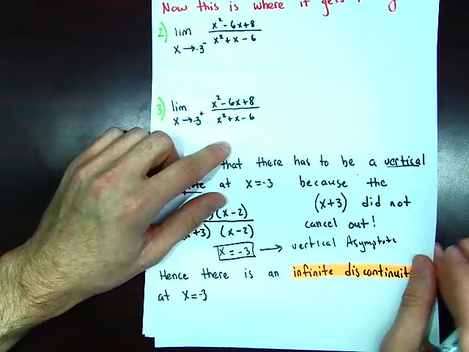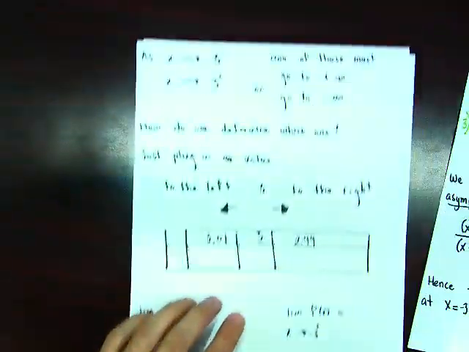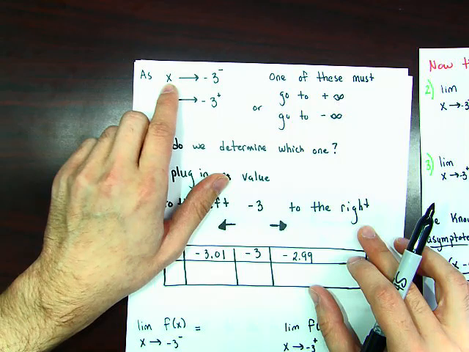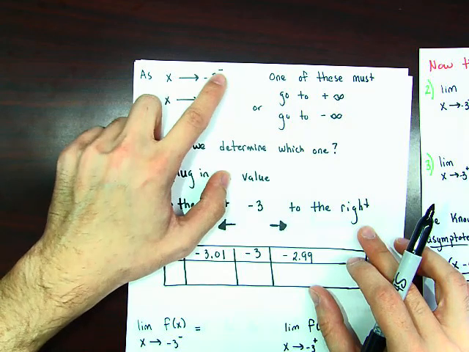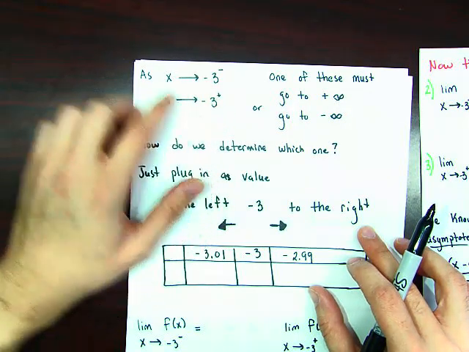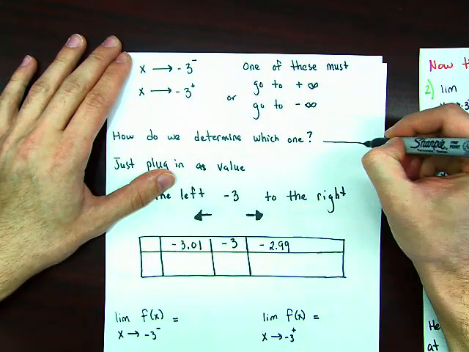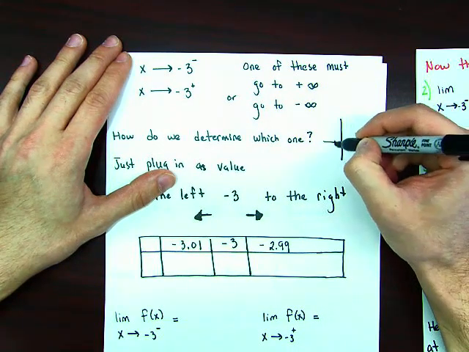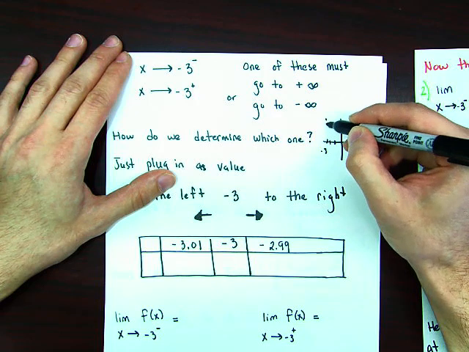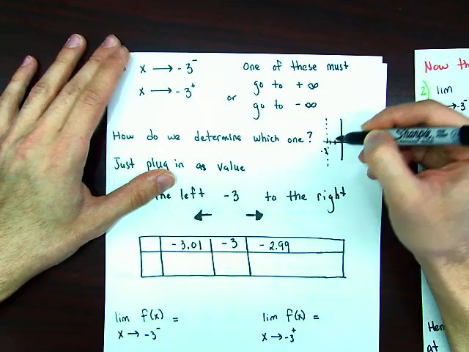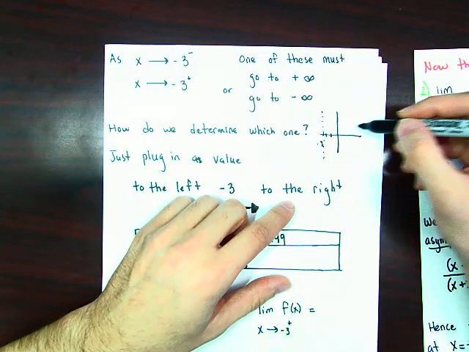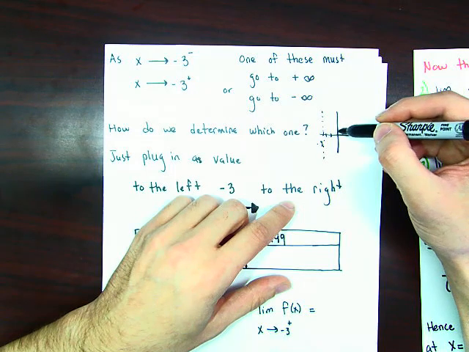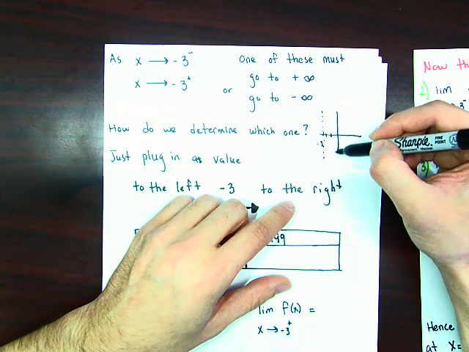So the idea is, if you know there's an infinite discontinuity as x is going to -3 from the left and x is going to -3 from the right, like here, this is -3, you know that there's some asymptote. So you know that the graph from the right side has to go to either positive infinity or negative infinity.